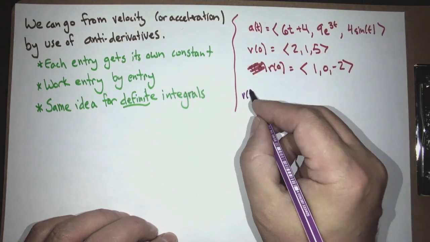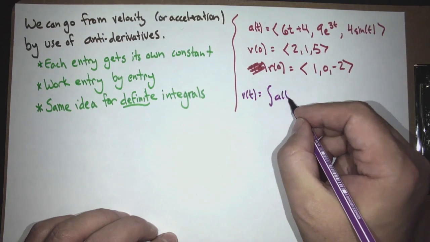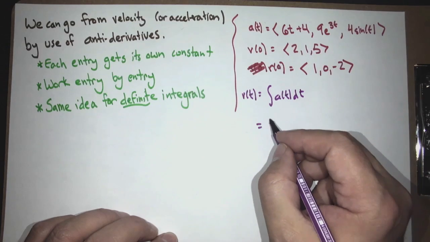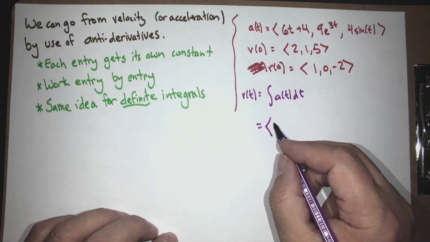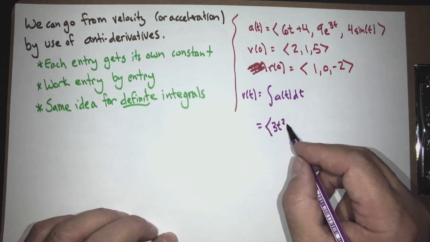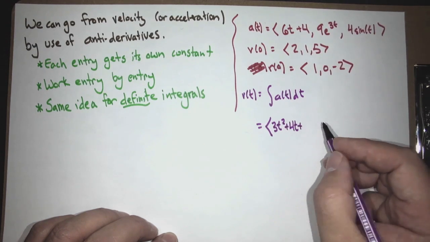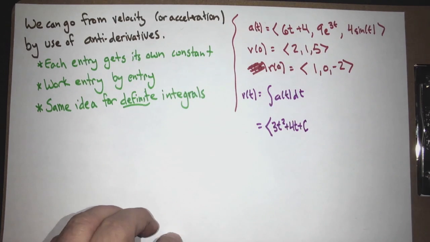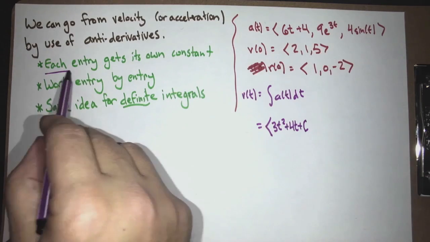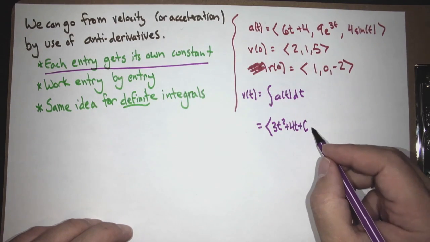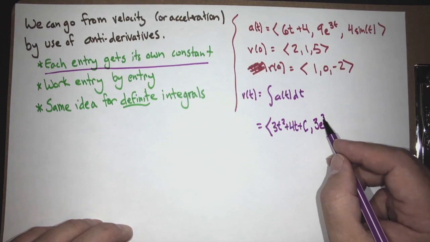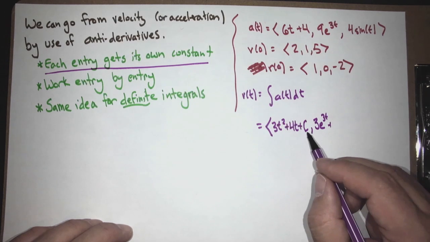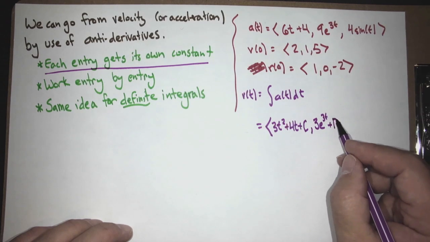If I want velocity, that's the antiderivative of acceleration. So let's work term by term. What's the integral of 6t plus 4? 3t squared plus 4t, plus a constant. You get a constant in each slot. Each entry gets its own constant. What's the integral of 9e to the 3t? 3e to the 3t plus, well, we've already used c, so we get to work our way through the alphabet, d.